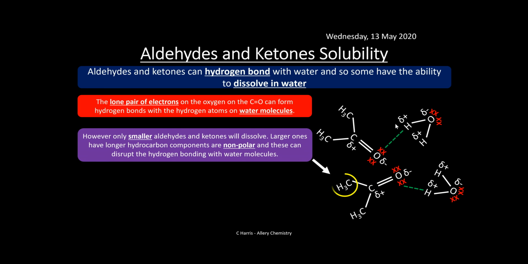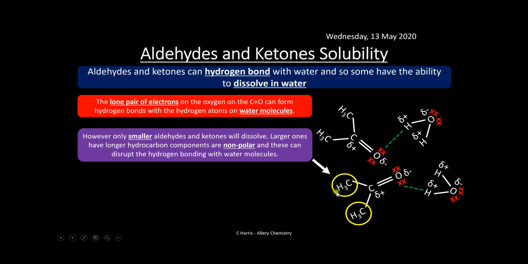Smaller aldehydes and ketones will dissolve, larger ones with longer hydrocarbon components won't. This is because the hydrocarbon component, if it is a long hydrocarbon, is insoluble. There's no polarity on hydrocarbon chains, so water can't interact with it. So if you've got a ketone or an aldehyde with a long hydrocarbon chain on it, then the bulk of that molecule is going to be insoluble.